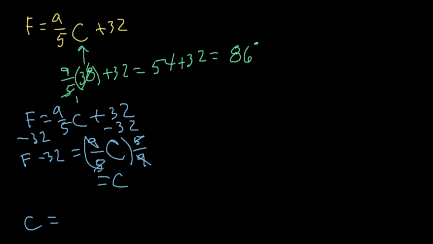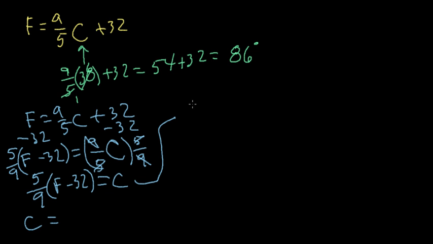But you have to do that to the other side too, 5 over 9. And so you can distribute this if you want, but it's real easy, and this is the way it's usually done in science. You just leave it like that. C equals 5/9 times F minus 32.